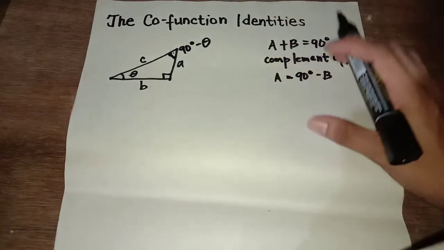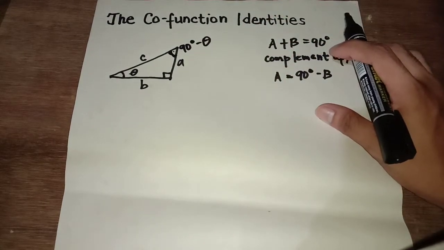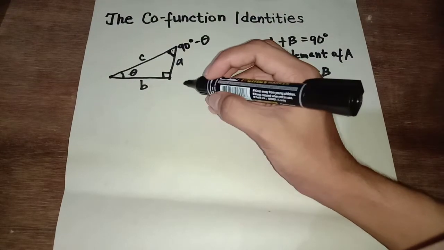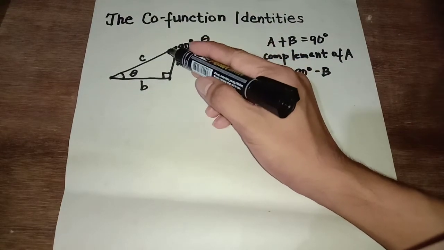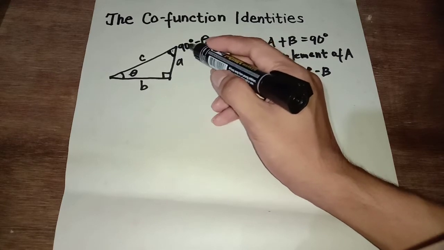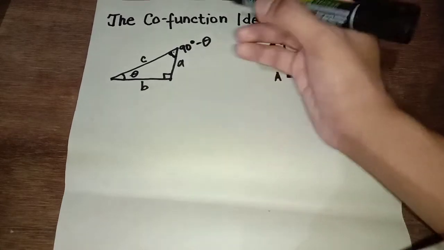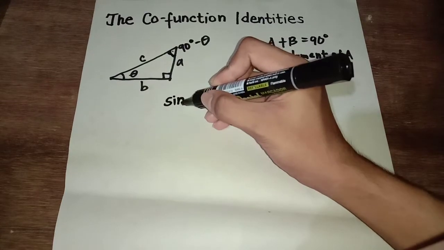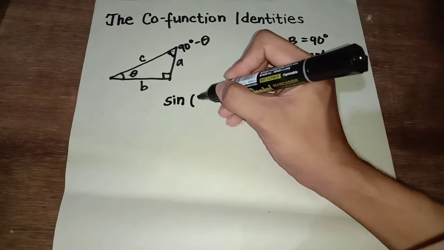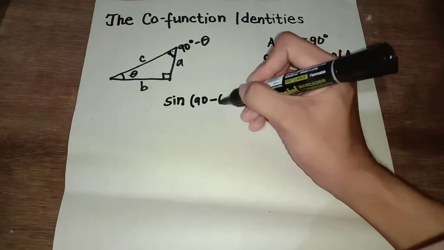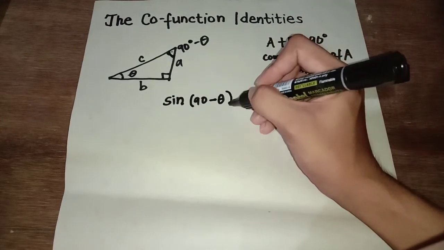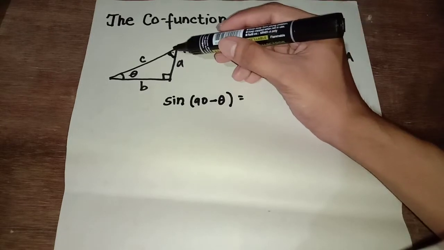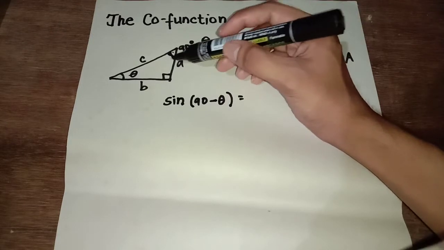Now let's just start with the sine. If these are a reference angle, 90 degrees minus theta, the sine of 90 minus theta is equal, so we know that sine is opposite side.